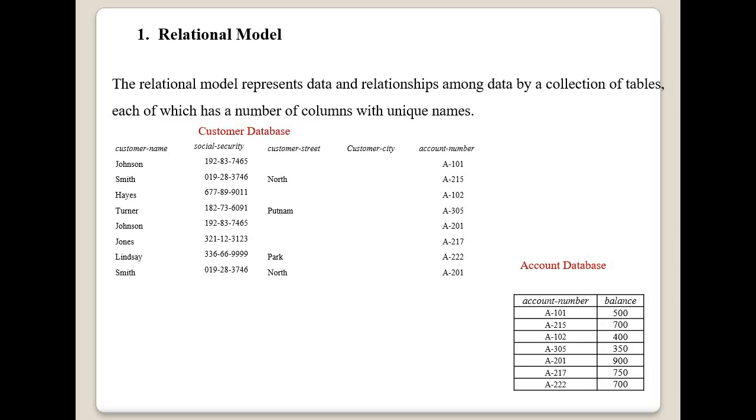In the account table, we have 2 fields: account number and balance. Basically, the relational model is used to store information in a 2D format, that means a tabular format.